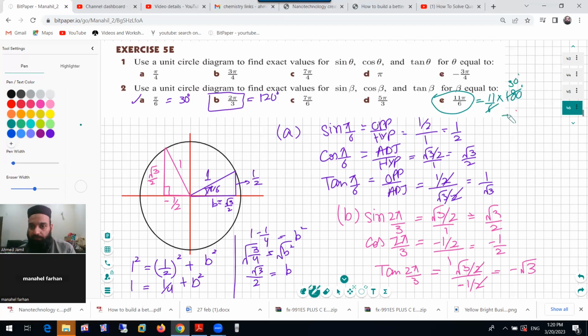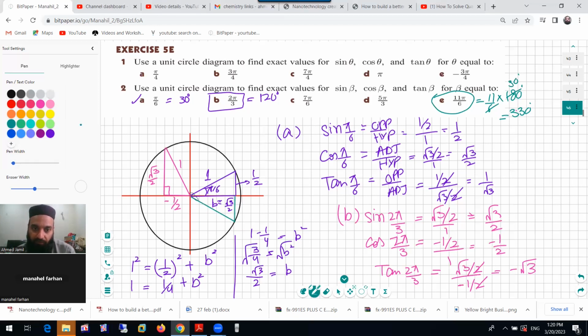Right? Yeah. So 30 times 11 is 330. So 330 obviously in the fourth quadrant, right? Yeah. So if you draw the line, 330 means 30 less than 360. So 330 should be here, right? Yeah.